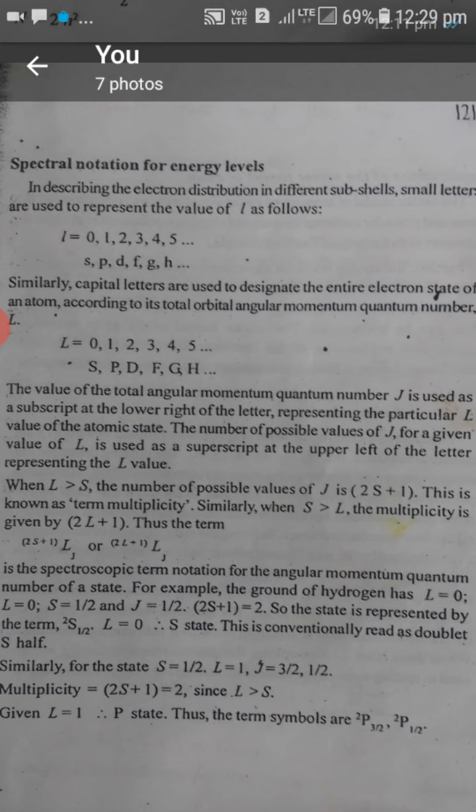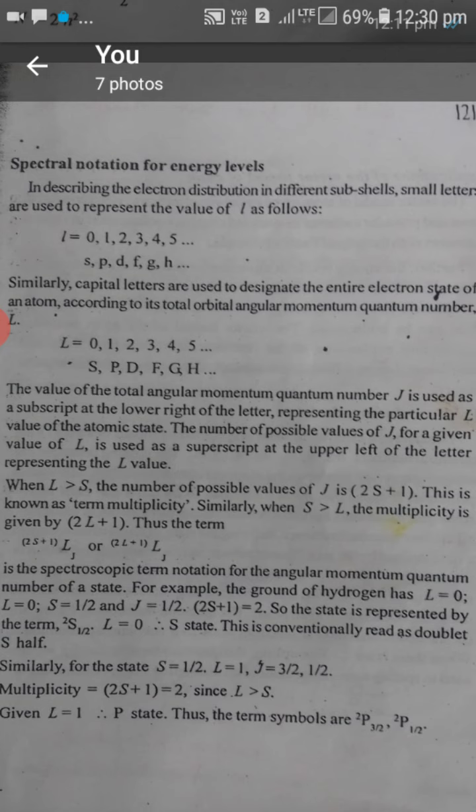If this capital L is greater than S, the spin, then the possible values of J are 2S plus 1. If L is less than S, that is S is greater than L, then the possible values are 2L plus 1.